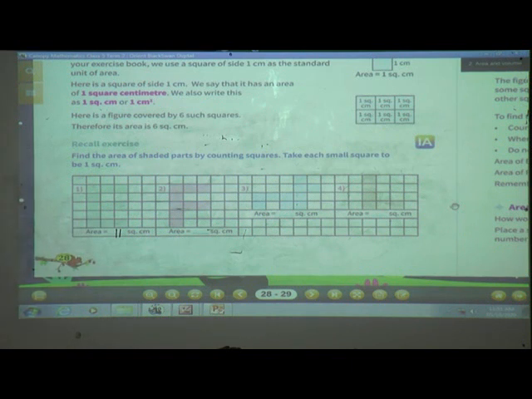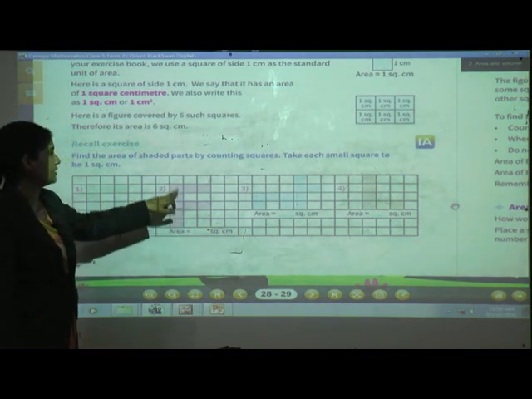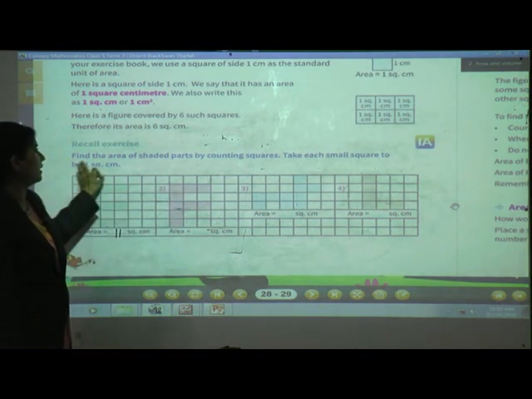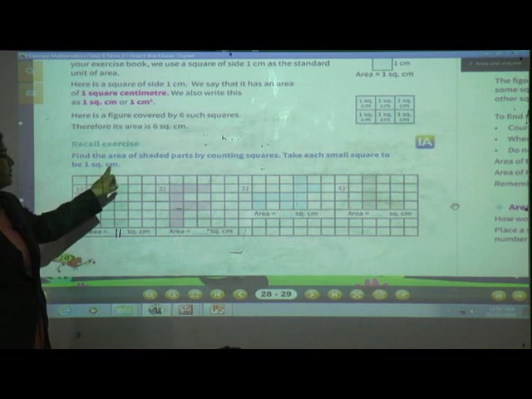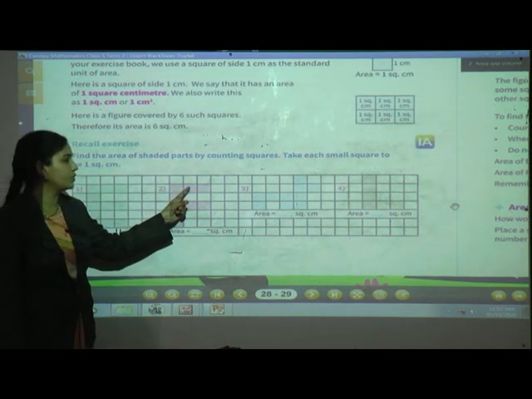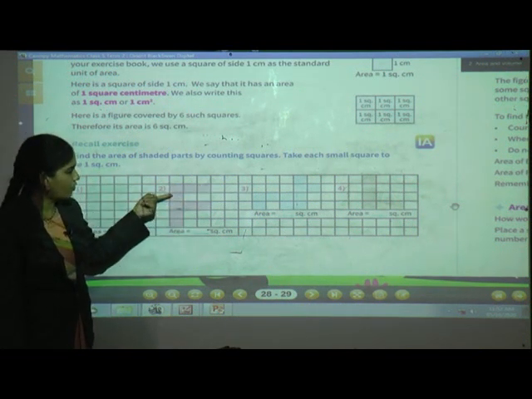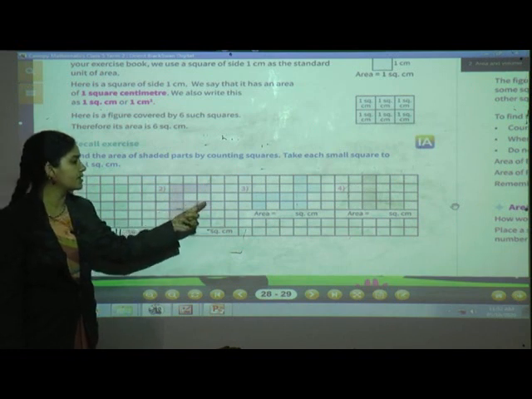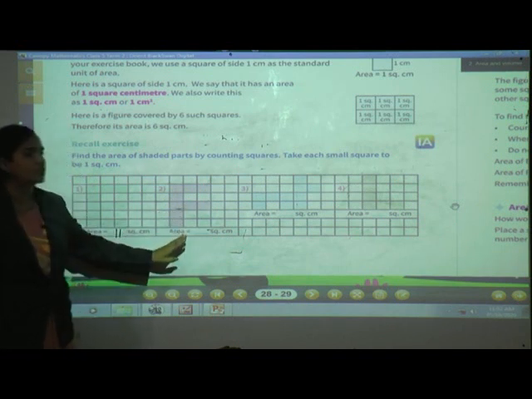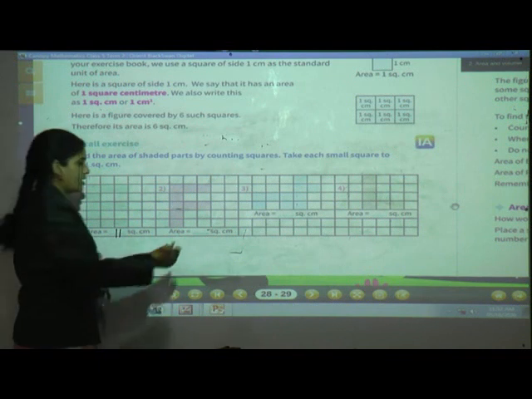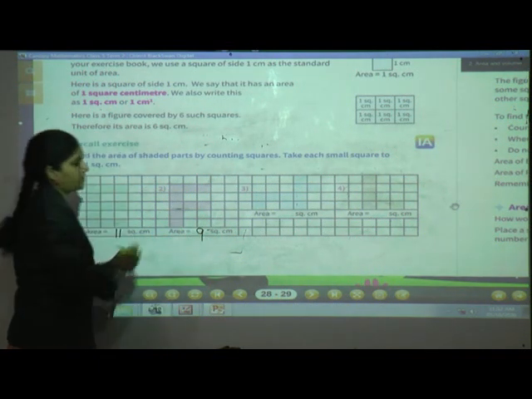Again the next one, count the shaded part. Take the measurement of 1 square centimeter. That's why 1, 2, 3, 4, 5, 6, 7, 8, 9. So the area of this figure is 9 square centimeter.